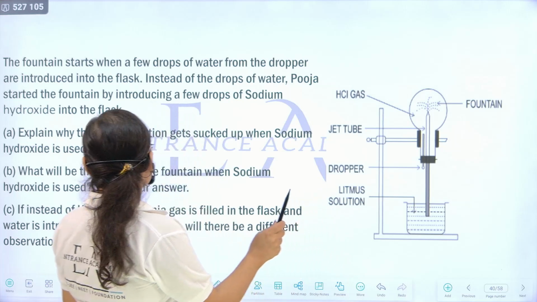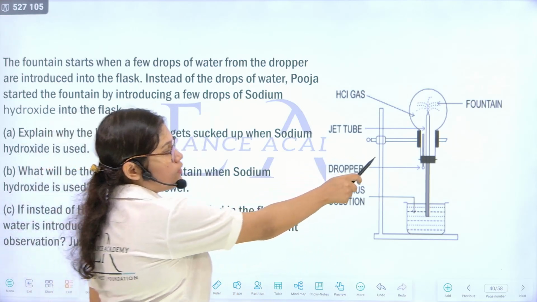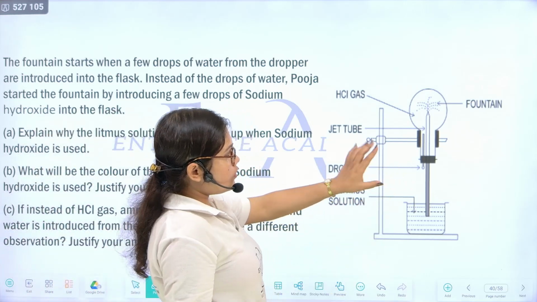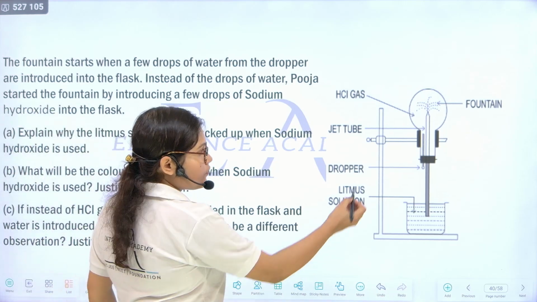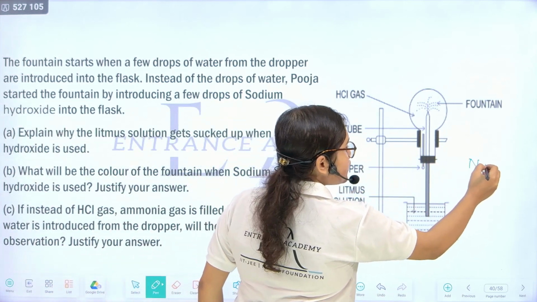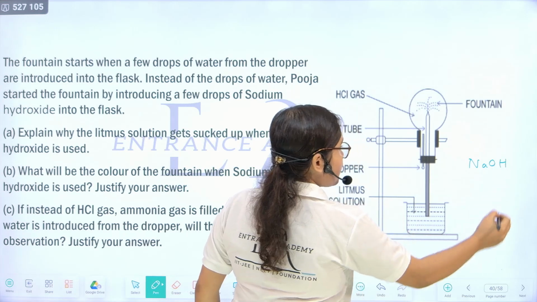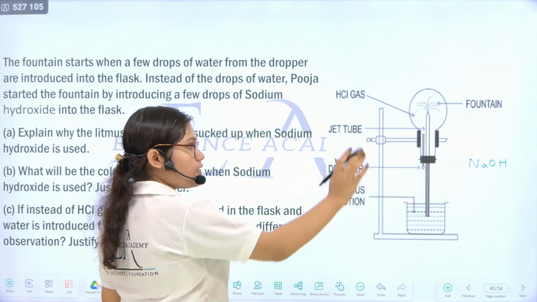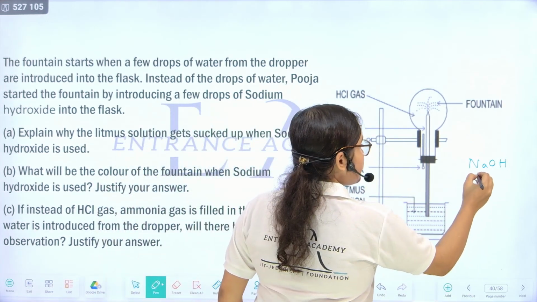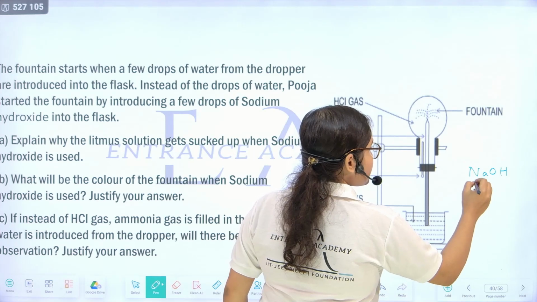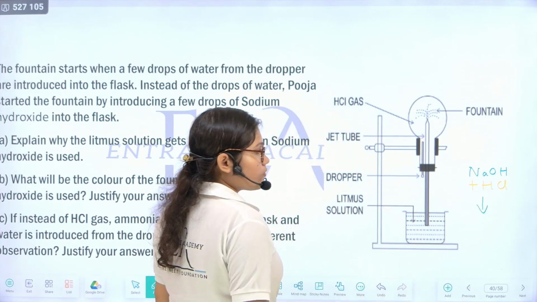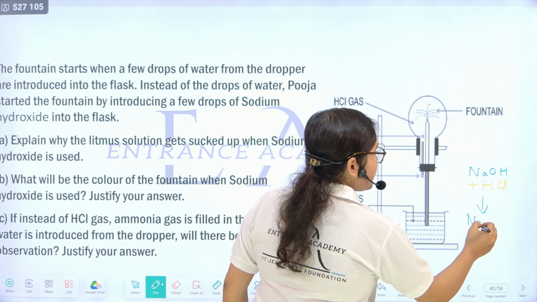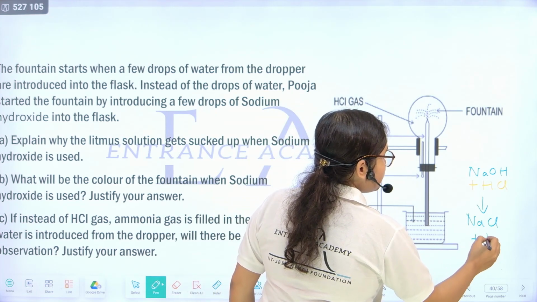But the first question is, instead of water in this dropper, if sodium hydroxide is used, HCl gas is present. So HCl and sodium hydroxide have a neutralization reaction.